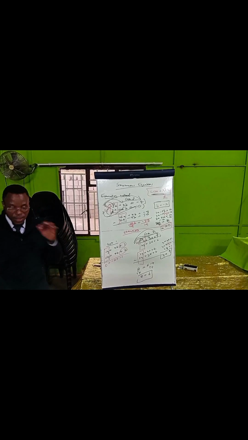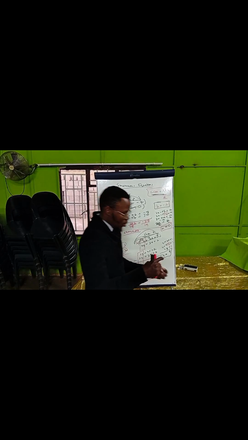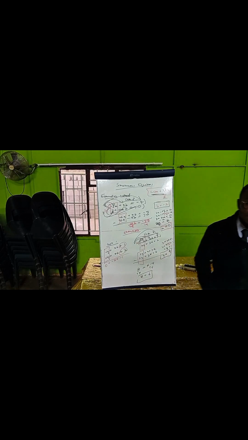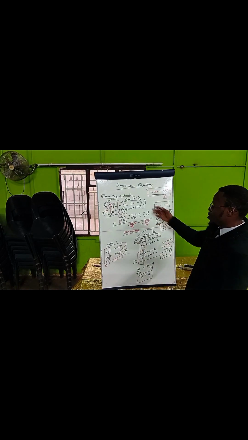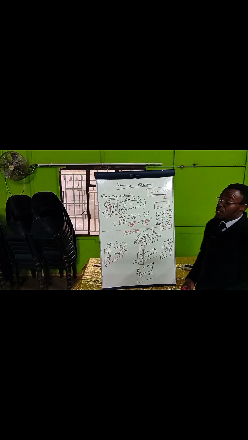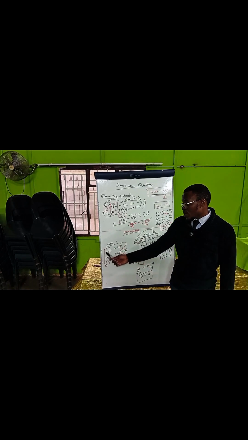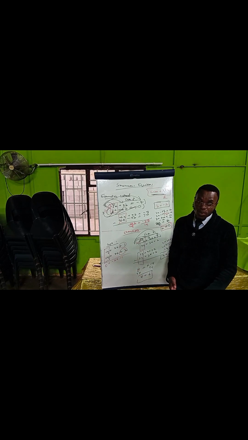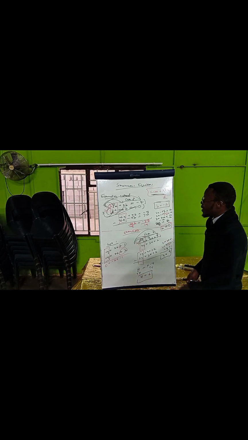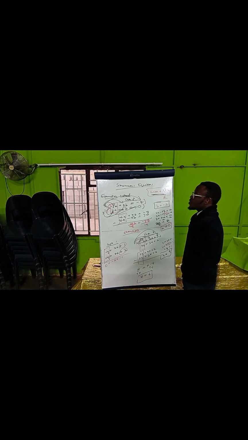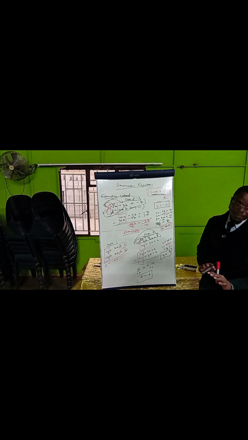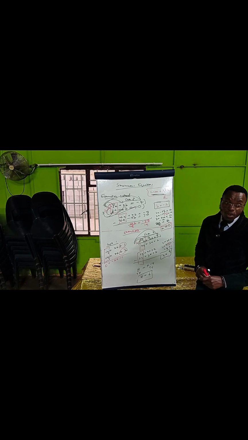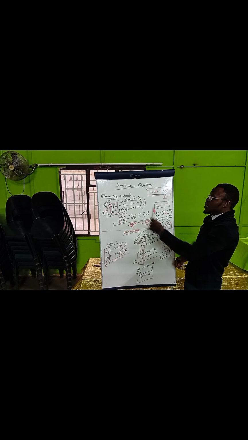So this is how we solve simultaneous equations using the last two methods, which include the substitution and elimination methods. So again, just to give you a rundown on the tips, whenever you are given a case where the coefficients of the variables are not the same, like case number 3, you should always use elimination.